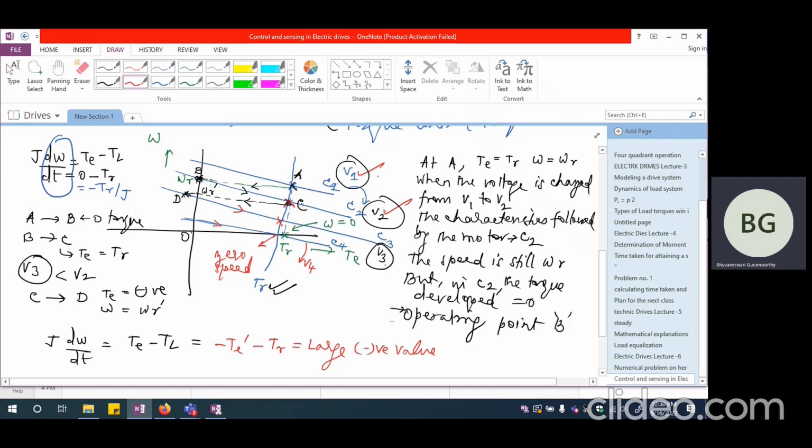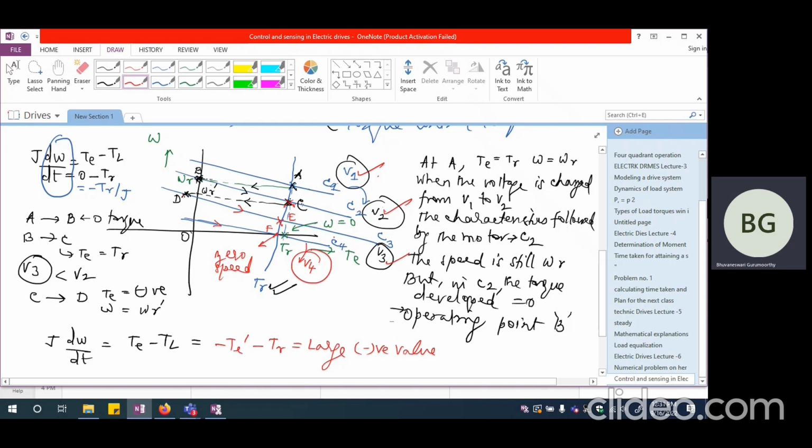Now further the voltage is decreased to V3 so that from C it goes to operating point D, and from D it is going to reach the operating point E. Then further the voltage is decreased to V4 so that the operating point ultimately reaches F, where zero speed is reached.